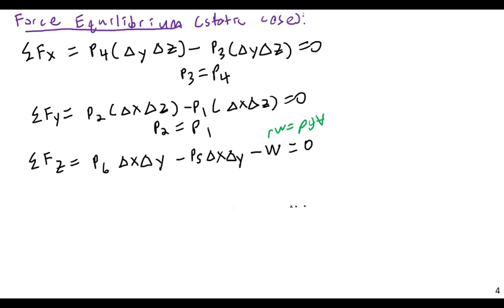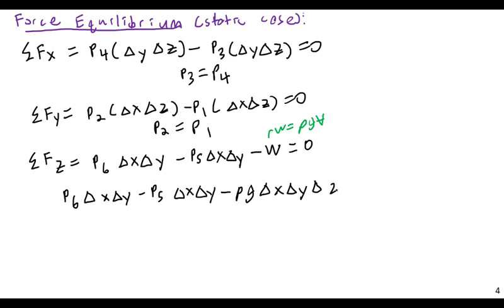And then I can cancel out the, well, let's think about this. This is going to be a little more complicated. P6 times delta x delta y minus P5 delta x delta y minus rho g v. However, v, the volume, can be expressed as delta x delta y delta z, and then all of this still equals 0.